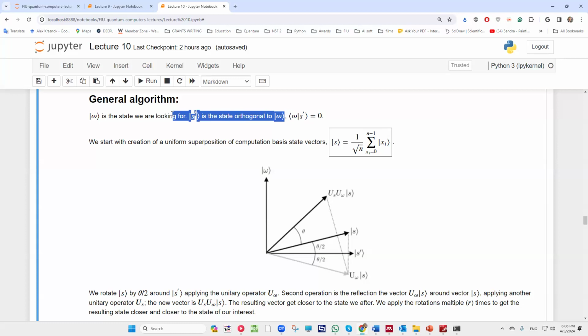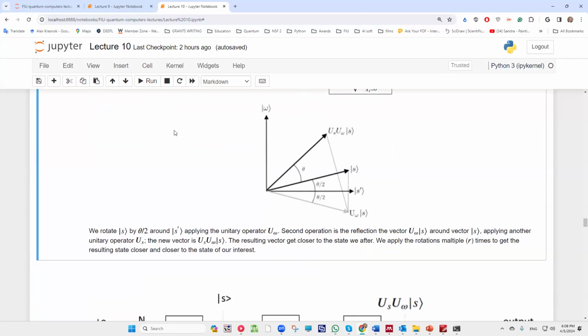So S prime is the vector that is orthogonal to the vector omega. This picture represents the vector omega and the vector S prime orthogonal, as vectors in the Hilbert space.